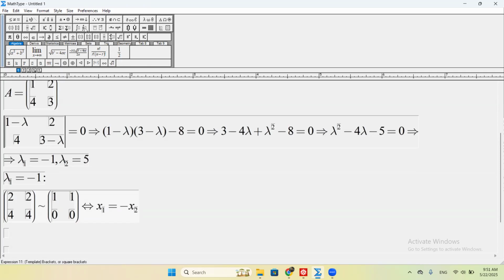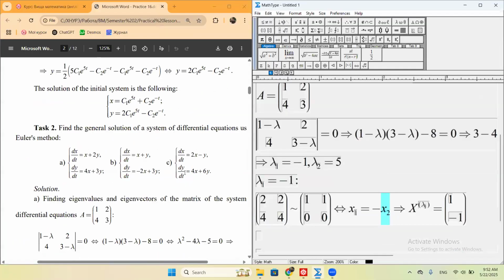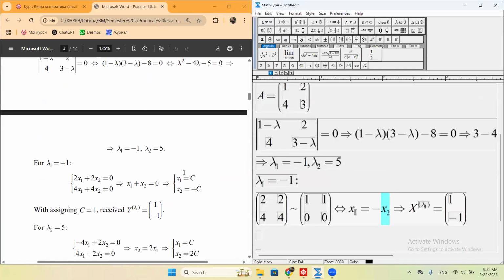Then the eigenvector that corresponds to lambda 1 equals 1, minus 1. So we will substitute these values. Okay, let me check how I used it in my notes. Yeah, 1, minus 1.